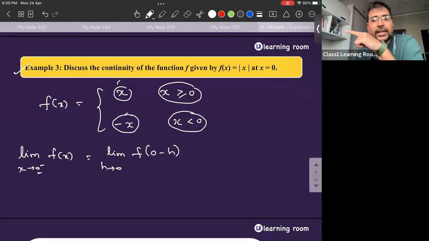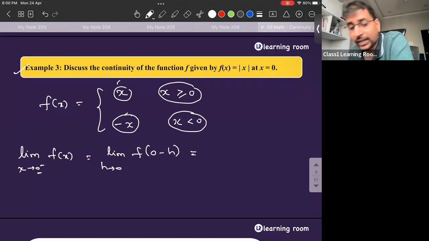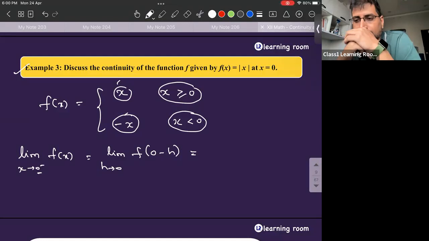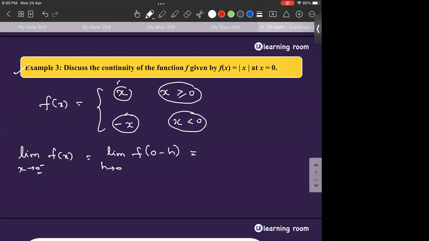So limit x tends to 0 minus f of x is equal to limit h tends to 0 f of 0 minus h. Now, which function should I take? For 0 minus, which function should I take among x, minus x? Minus x, sir.